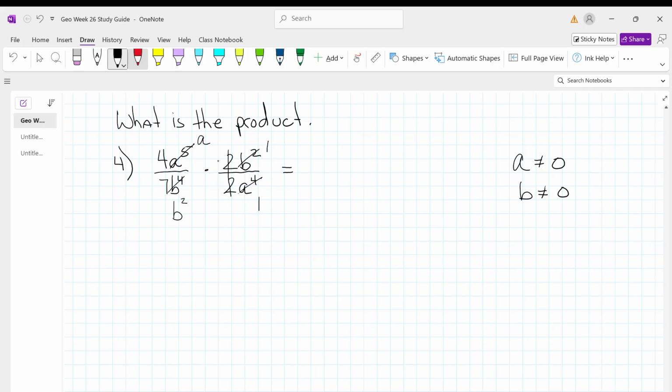And there's nothing left to cancel. So across the numerator, we got a 4 times an a times a 1, which is 4a. Across the denominator, we got 7 times b squared times 1, which is 7b squared. So there's your simplest form and your restrictions.